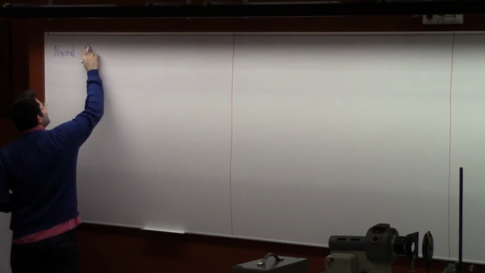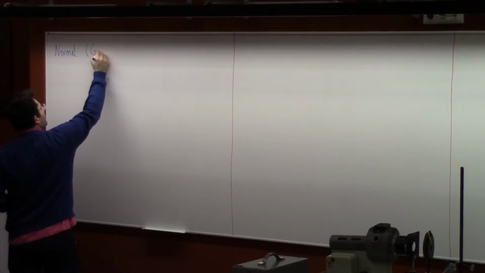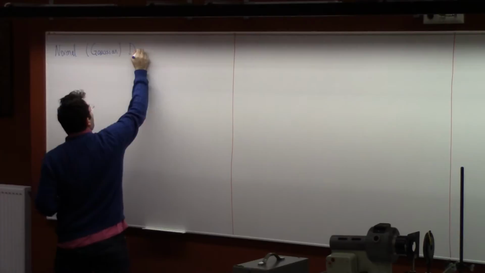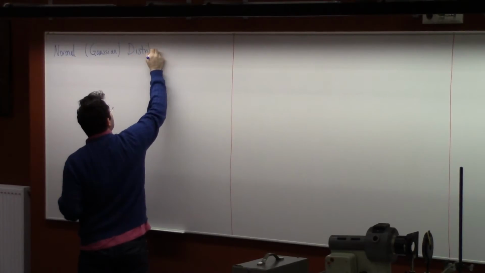We're talking about the normal, or as it's known, Gaussian distribution.